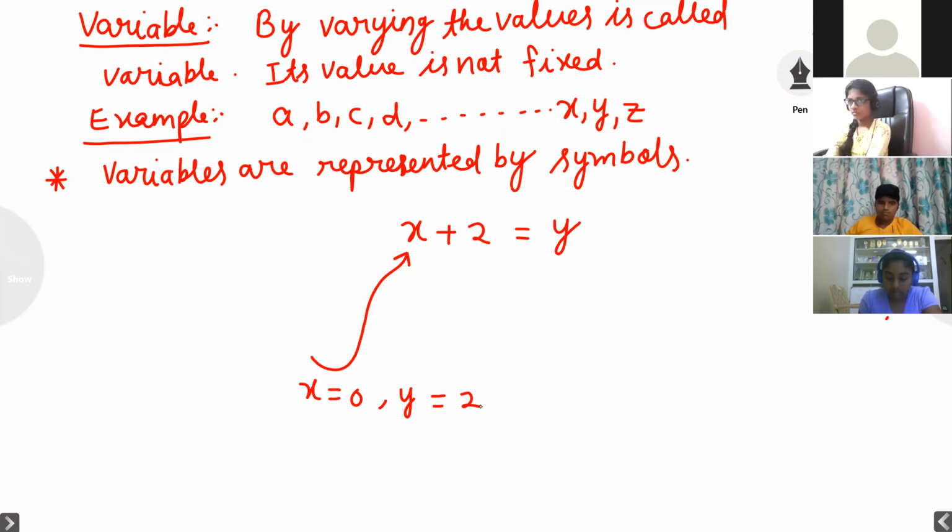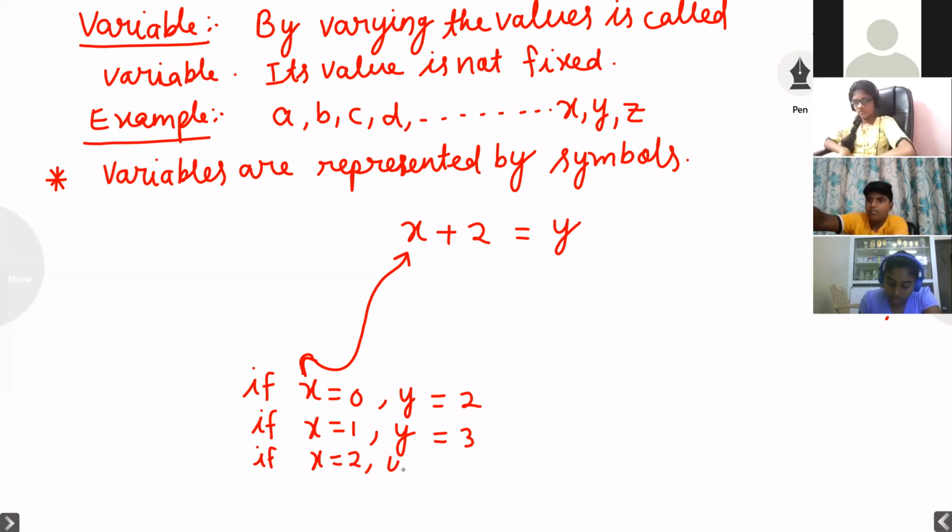If in the place of x I substitute x is equal to 1, then y value is coming what? 3. If x is equal to 2, y value will come 4.